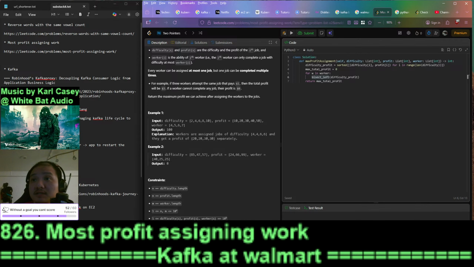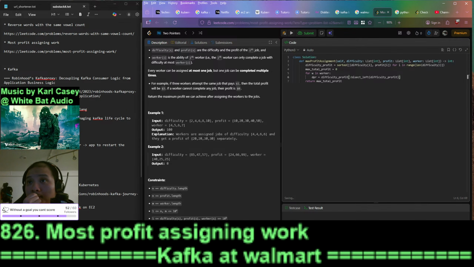Bisect left gives me an array, so bisect left will be difficulty profit, range, from the beginning to this one.